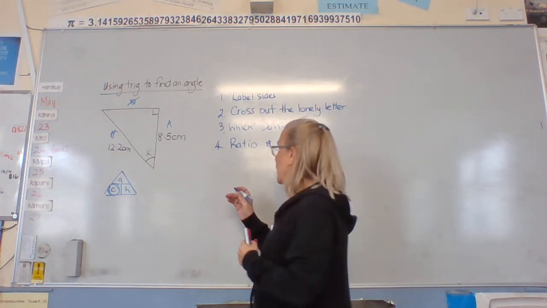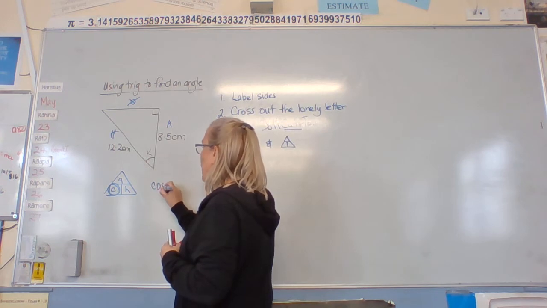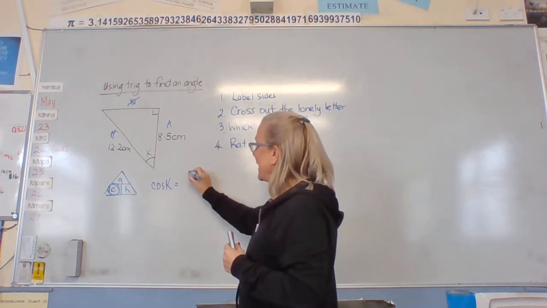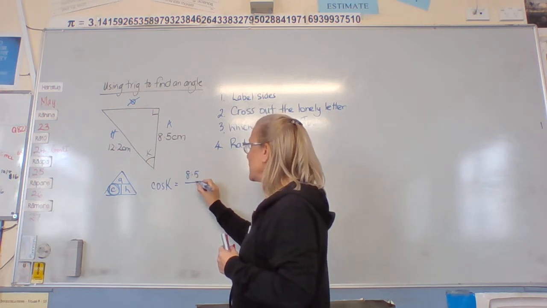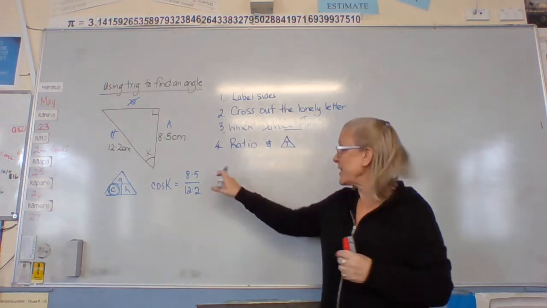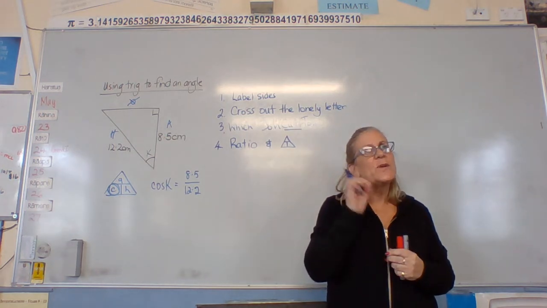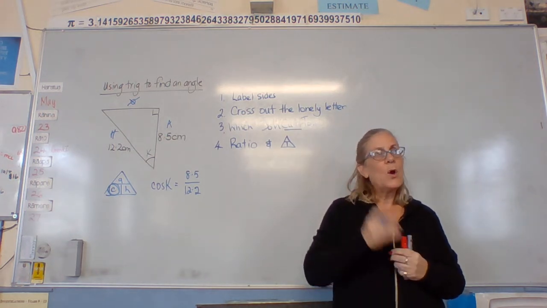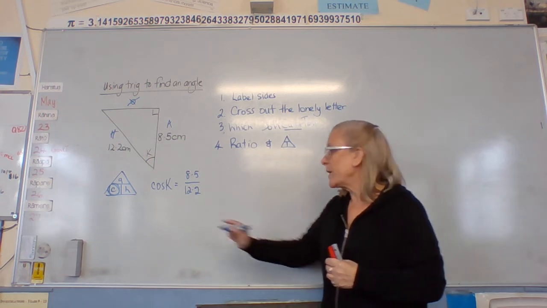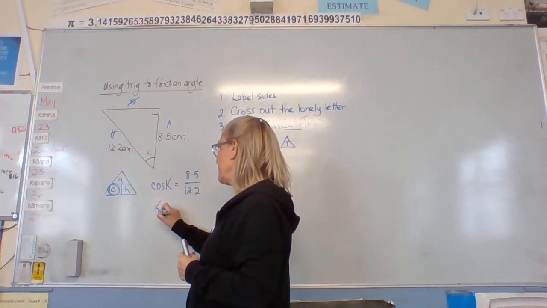Good. So we're going to have cosine of K, we don't know what K is this time, equals A, 8.5, divided by 12.2. So we can do that on our calculator, but we're not going to. We're going to put it all on our calculator at one time. We want to find K.